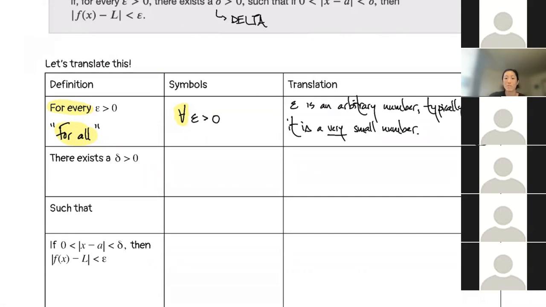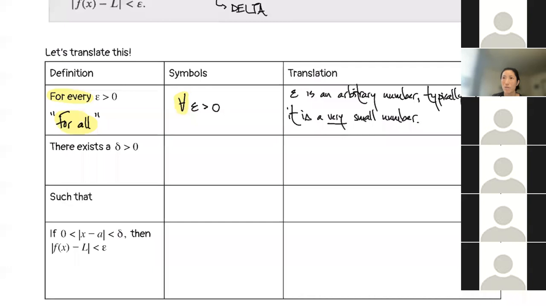For all of you CS folks, you probably will have to take it. We use these symbols a lot more there. So for every epsilon greater than 0, we have this arbitrary, very small number that goes with some Y values, and all of these numbers are going to be greater than 0.